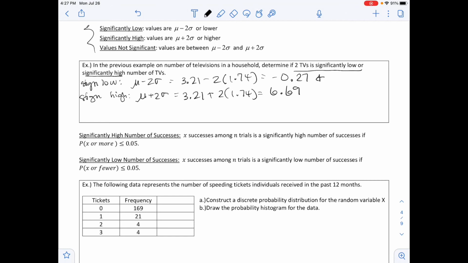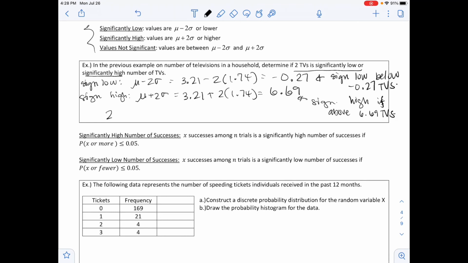So what this means here is that a value is significantly low if it's below negative 0.27 TVs, which doesn't make any sense. And it's significantly high if above 6.69 TVs.